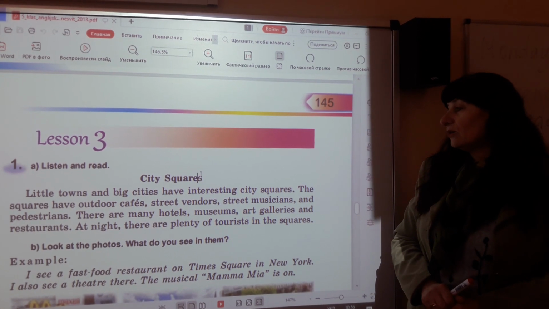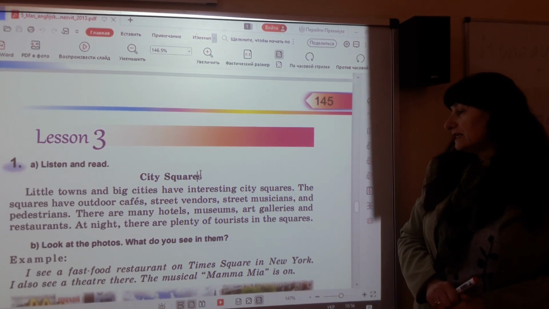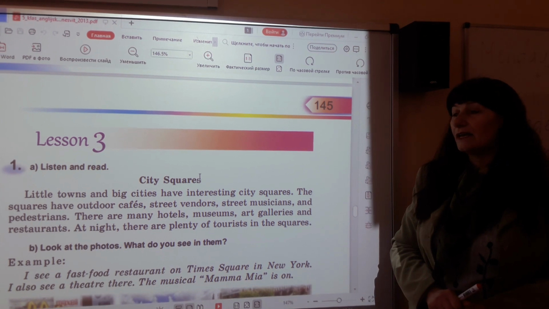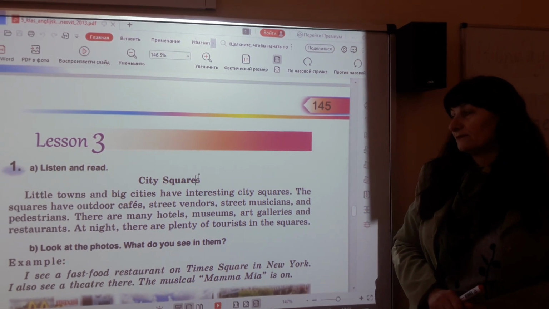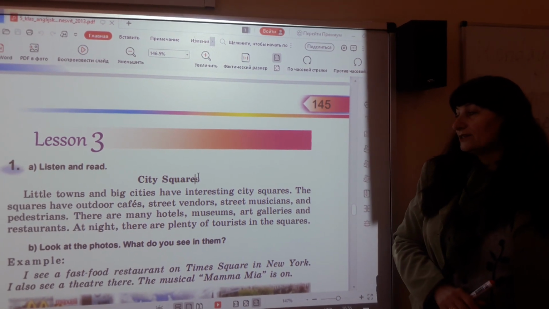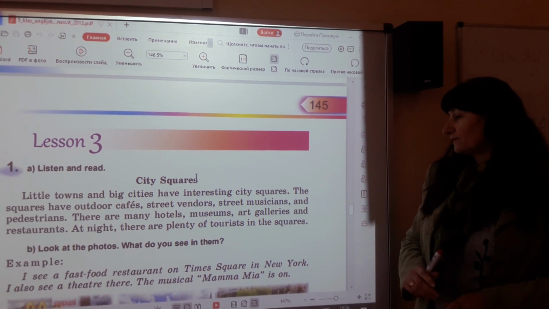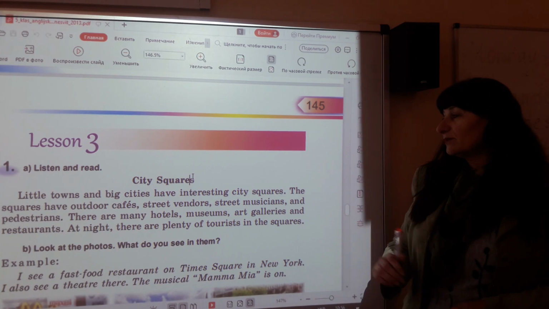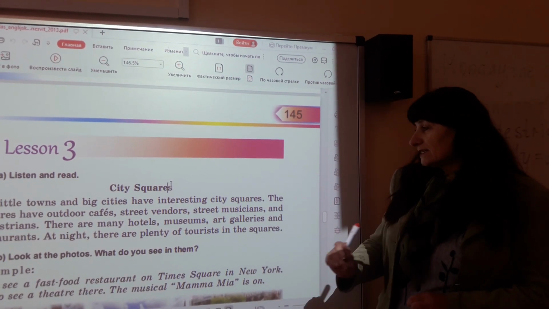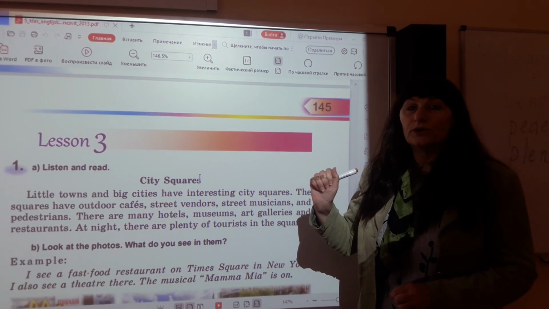There are many hotels, museums, art galleries. At night, there are plenty of tourists. Okay, that will do. And now, let us pay attention to some new words.